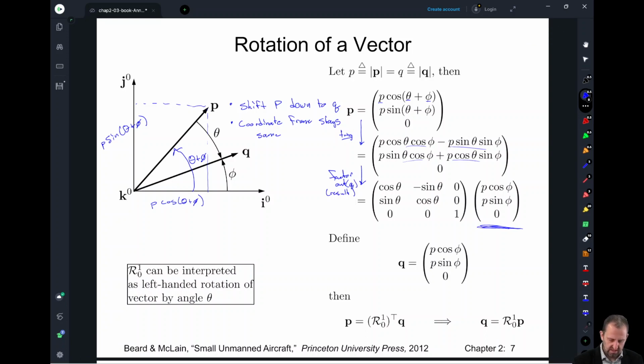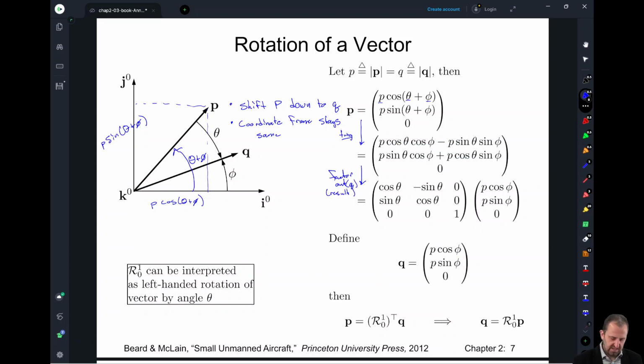On the top row, we get P times cosine of phi multiplied by cosine of theta, right? Then the second row would be multiplied by a negative sine theta, which gives us the minus sine theta sine phi. We've just factored things out.